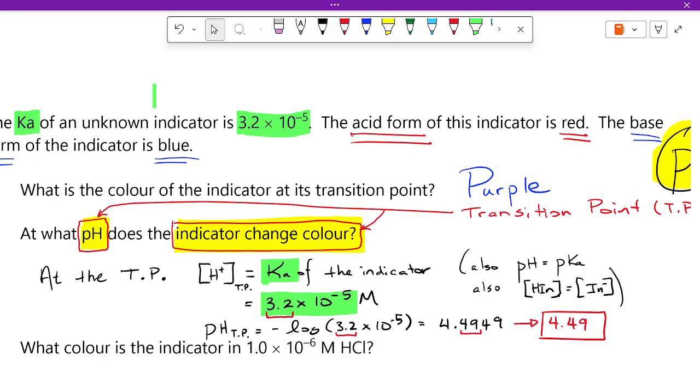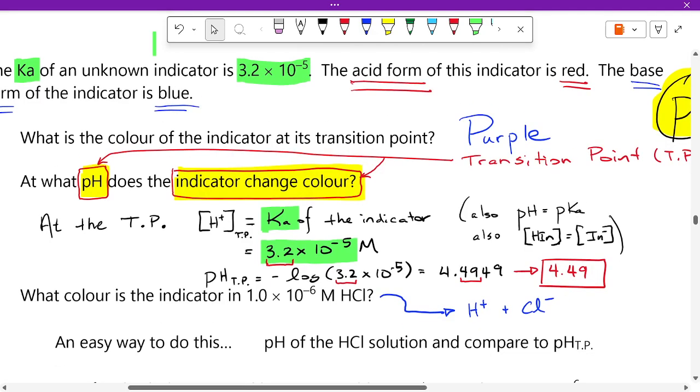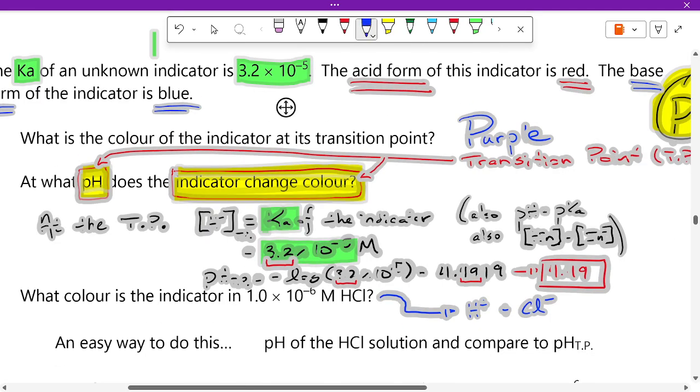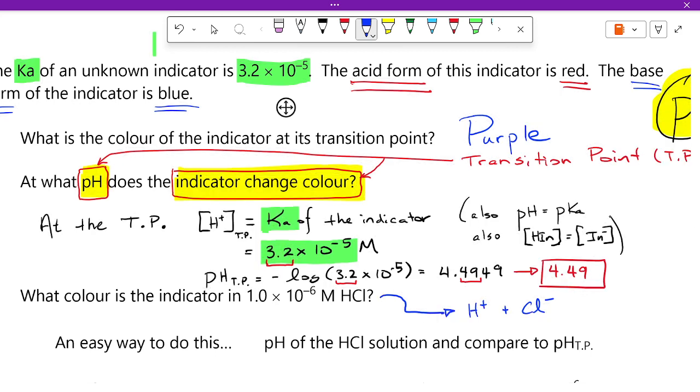You could find the concentration of H plus because, of course, this dissociates into H plus and Cl minus because it's a strong acid.